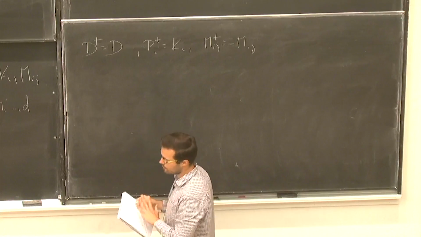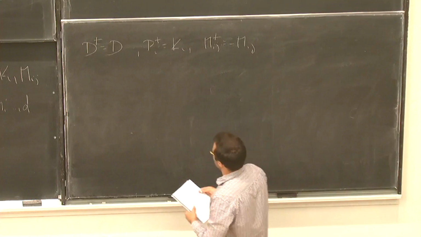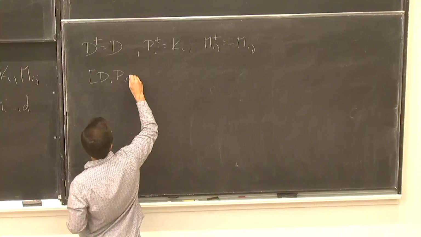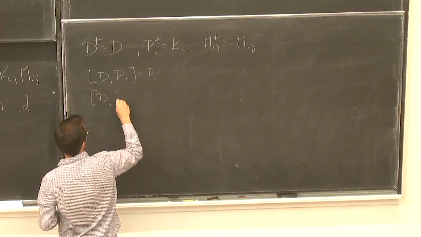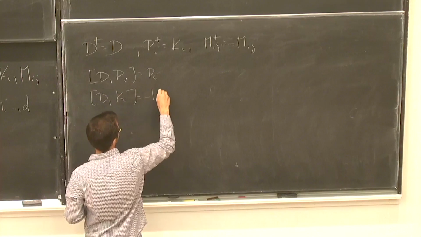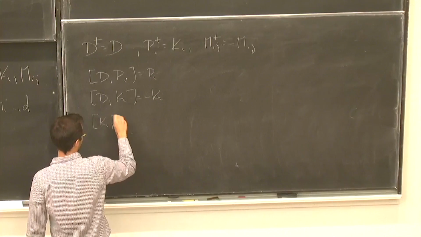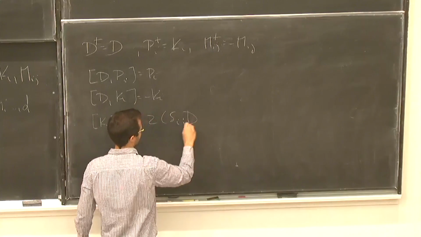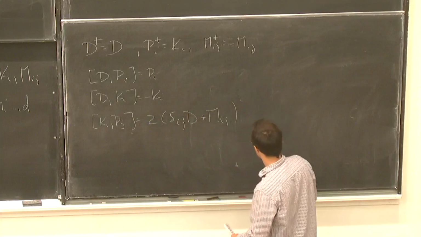But the Hilbert space will always be the same. And well, the commutation relations look exactly the same as those of the Lorentzian ones, except now there is a Kronecker delta, and they're like this.